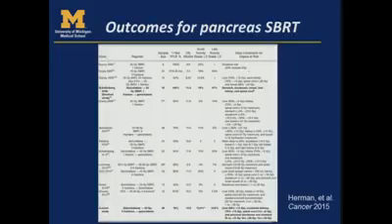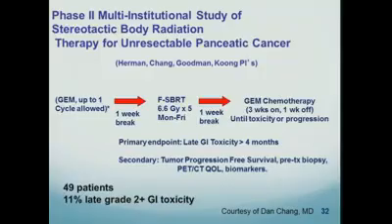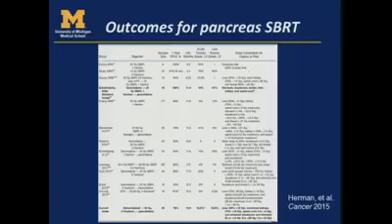But how well does pancreas SBRT work? Now there's actually a combined experience of about 1,000 patients at least treated with SBRT. It seems to be relatively safe. There are, of course, pretty high percentages of acute toxicity. Some of these series have 0, some of them have 41.